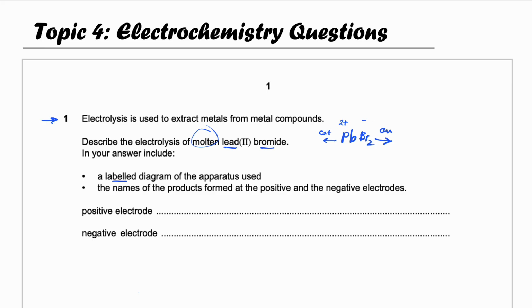And as we know, the anode is the positive electrode. So at the positive anode, we're going to have the anion, which is bromide, and it will get discharged as bromine gas, Br2. At the negative electrode, which is the cathode, we're going to have the metal lead.